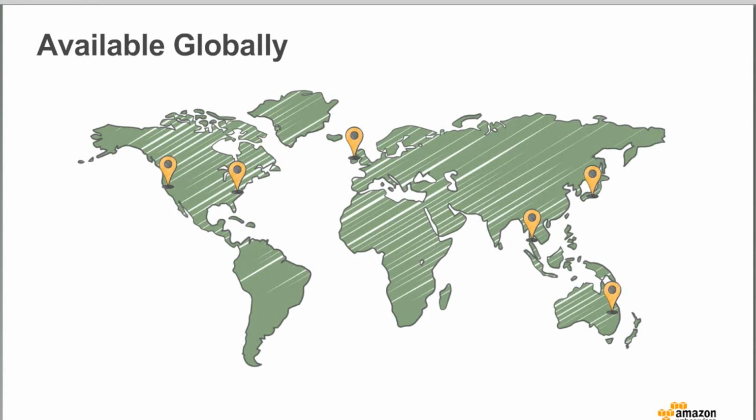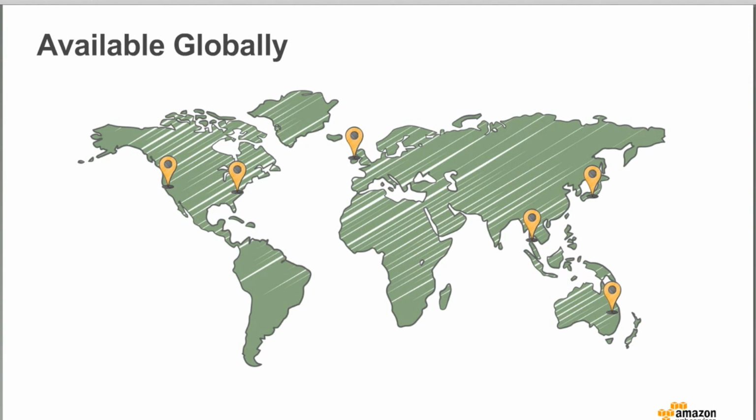The Workspaces service is available globally. We are available in 6 regions today. In the US, it's in Virginia and Oregon, which will give very good performance for most users who are located in the continental United States, with very good latency, which means that protocol performance, pixel performance, will be really good for US based users.